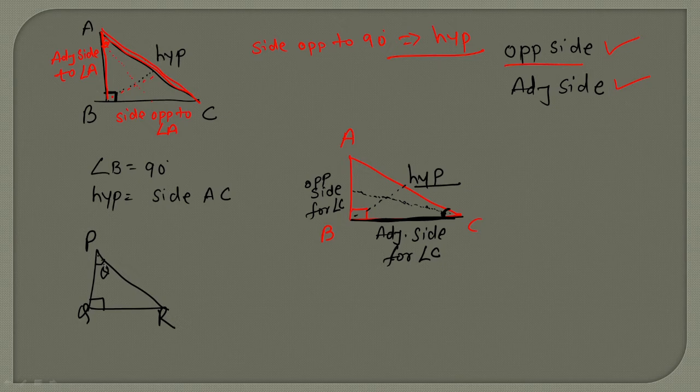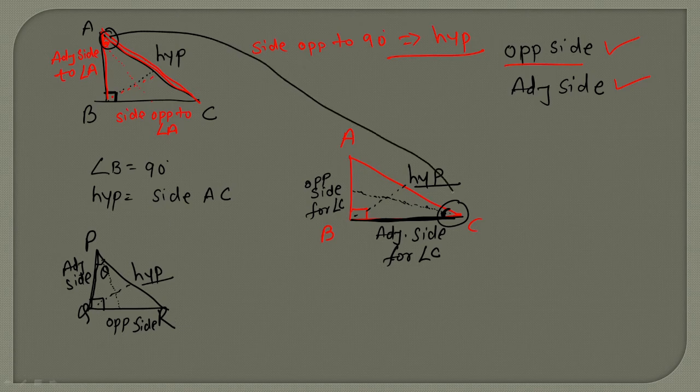Simple: the side opposite to this theta is called the opposite side, the side which is adjacent to this angle is called the adjacent side, and the side opposite to 90 degrees is called the hypotenuse. So easily you can find these three sides. If I change the angle, here the angle was A, but here the angle was C, so the sides change accordingly.